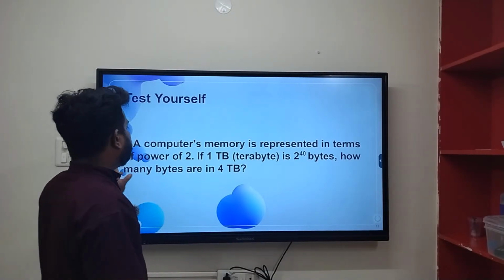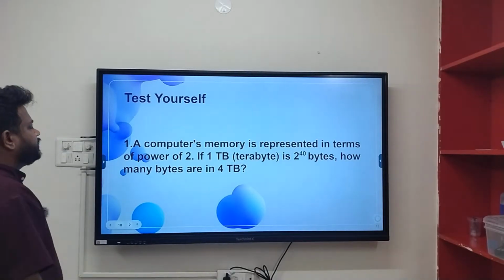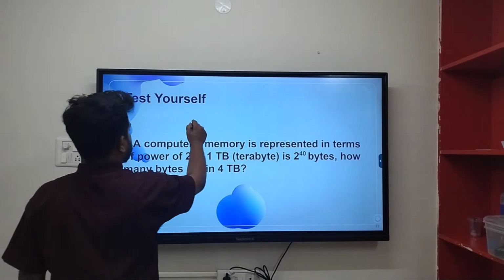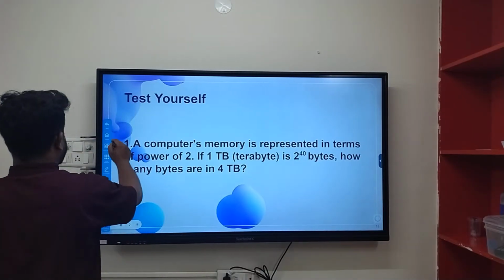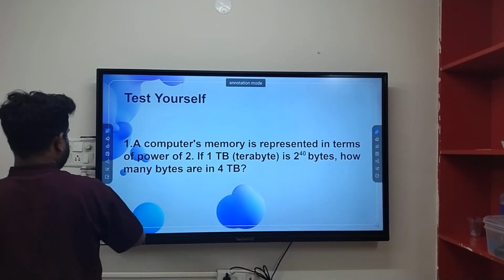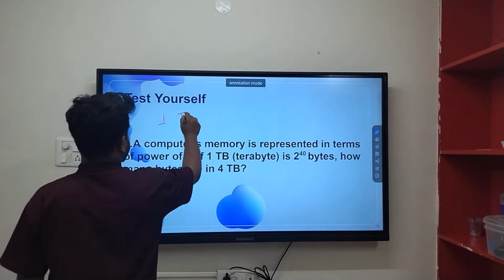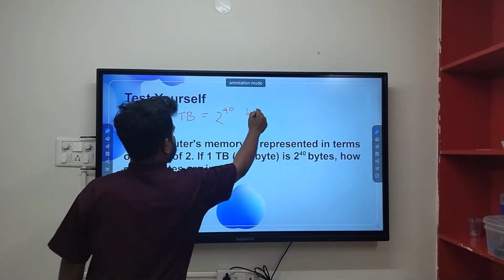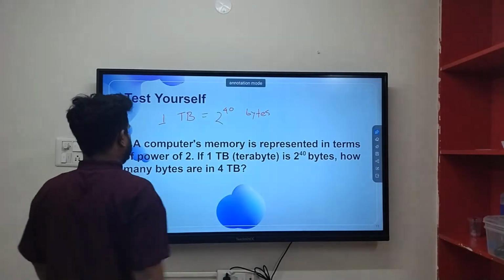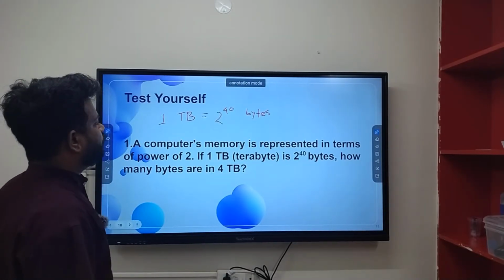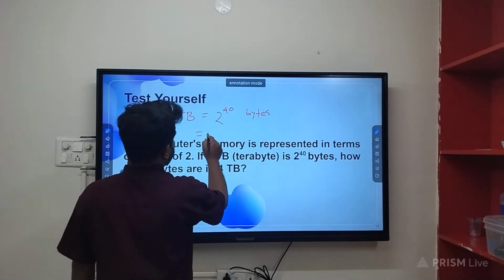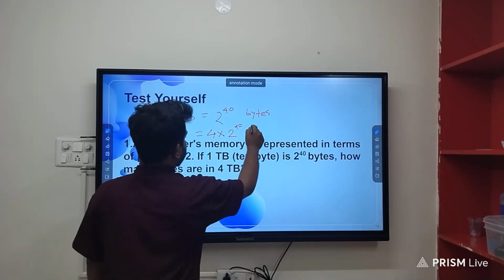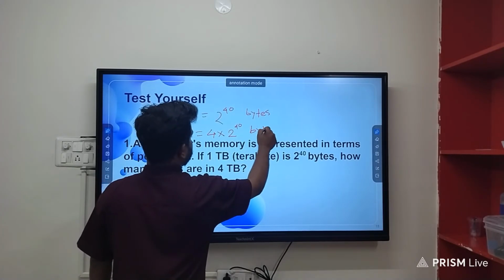Okay, a computer's memory is represented in terms of powers of 2. If 1 TB, or terabyte, means 2 to the power 40 bytes, how many bytes are in 4 TB? We know it will be 4 into 2 to the power 40 bytes.